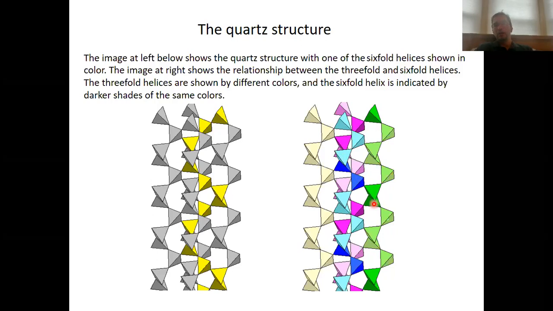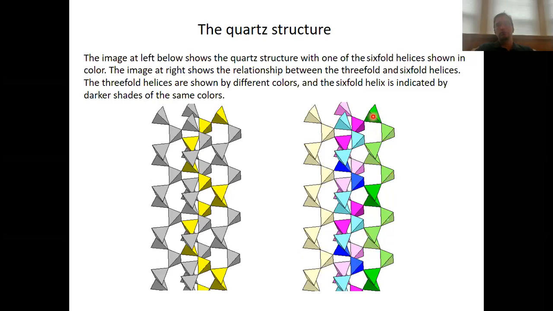Okay. And then we would have another 2 purple ones, another 2 blue ones, and then another 2 green ones. Okay. So overall, we would have to go 6 tetrahedra until we meet a tetrahedron which is identical to the previous one.